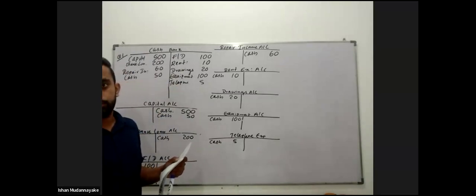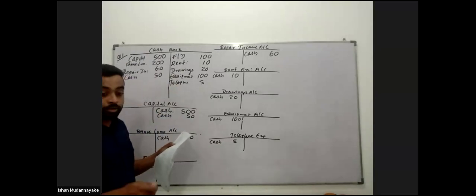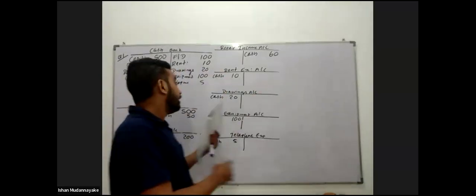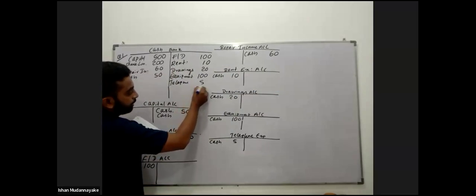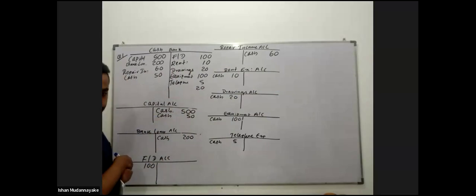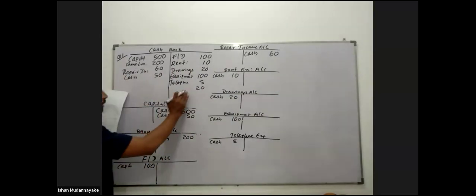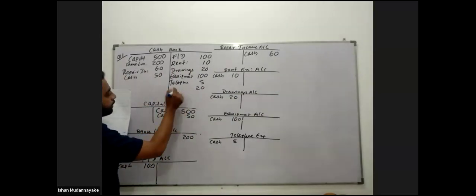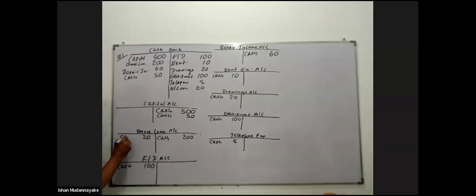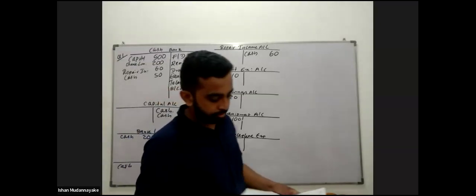So cash book credit 20,000 bank loan, and then bank loan account debit 20,000 cash. Cash book credit, bank loan account debit.